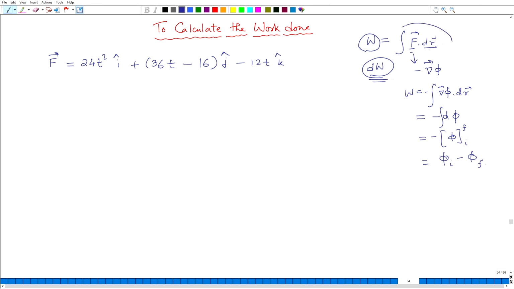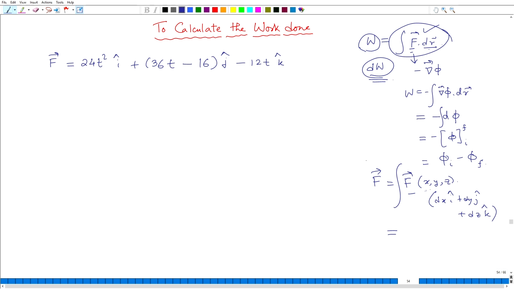Now, this type of integration is very easy when we give you the force field as a function of the space coordinates, because if you know F as a function of x, y, z, then of course you know that dr will be simply dx i cap plus dy j cap plus dz k cap, and by knowing the initial space coordinates and the final space coordinates, in principle you should be able to calculate this work done like this.